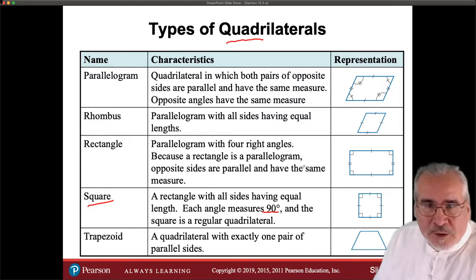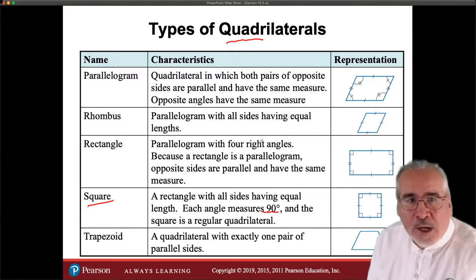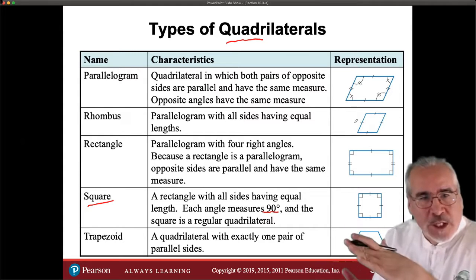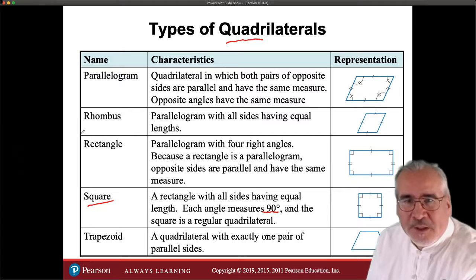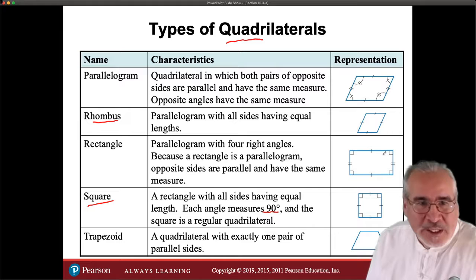The other quadrilaterals: there's a rectangle, in which 2 of the sides are longer than the other 2, so it's kind of like a stretched out square. A rhombus, all the sides are equal, but the angles are not, so it's kind of a squished down square, if you want to think of it that way. So it's not regular because the angles are different. And then a parallelogram is like a rectangle.